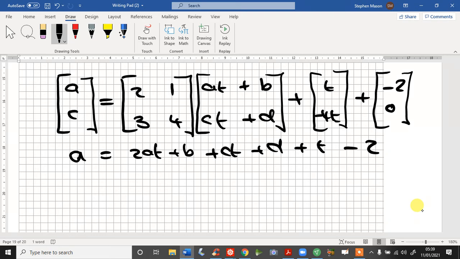And then for the second row of the matrix, we've got c equals, well, this time it's 3 times at plus b.